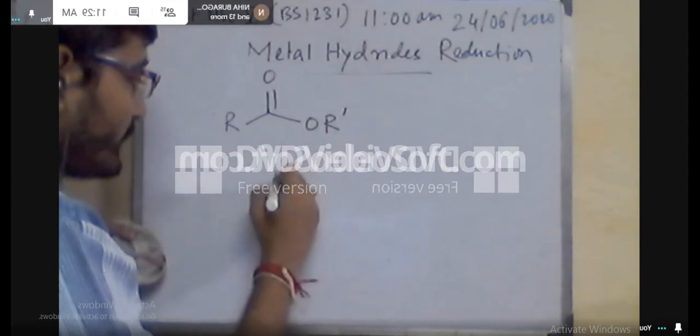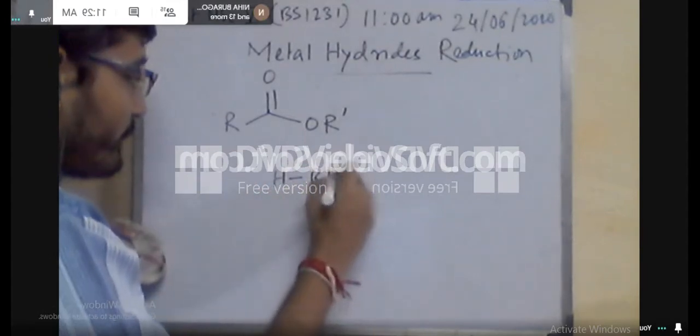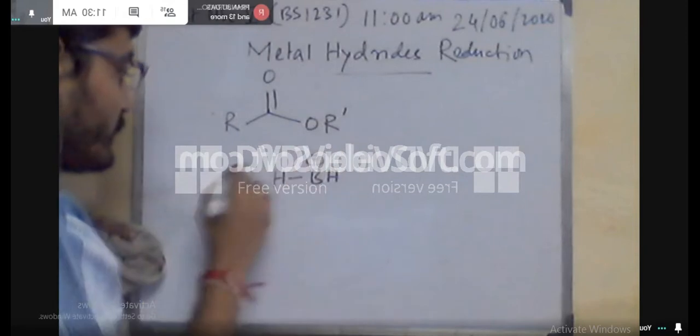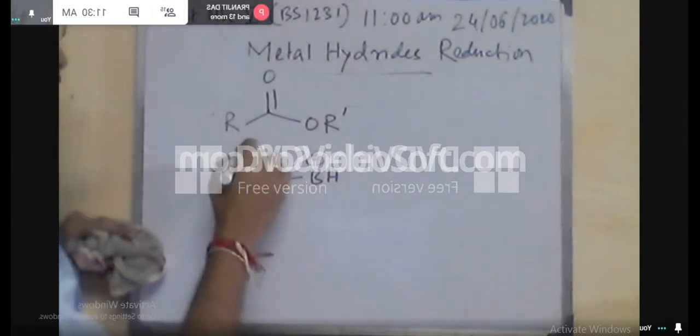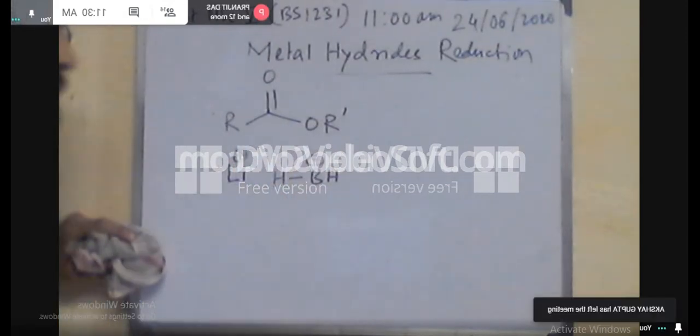And as you know this is a strong reducing agent, so you can't stop here, so another reduction will take place. Similar mechanism, hydride will be transferred here, this will be the O minus.